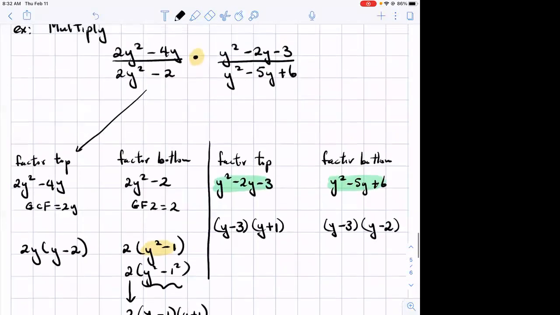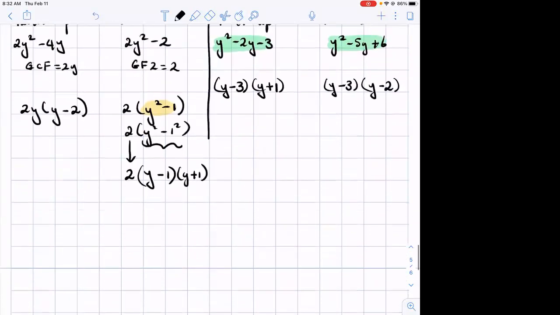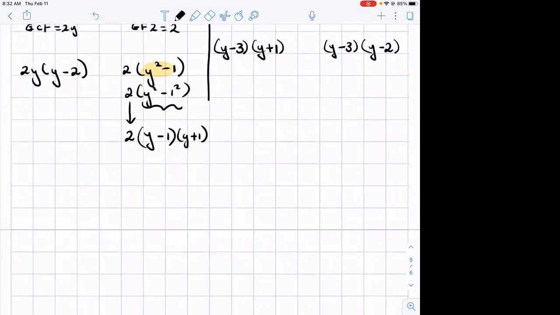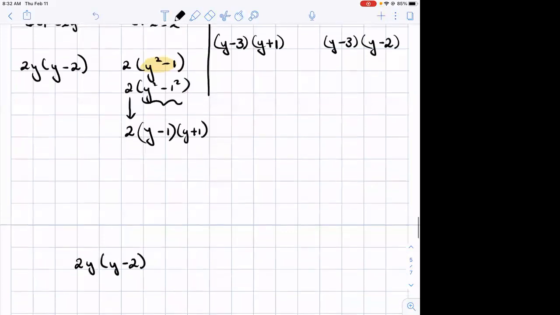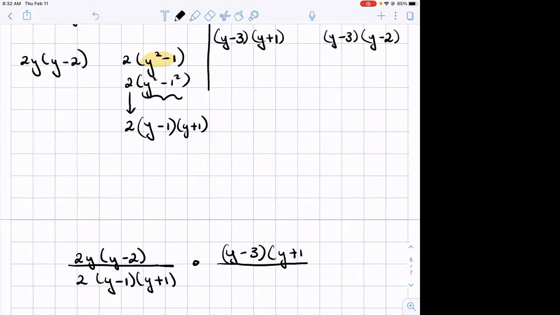So now we can rewrite this with the factors that we've got, okay? So the factors for the first numerator we know is 2y times y minus 2. For the bottom, we have 2 times y minus 1 and y plus 1, times, for the top, y minus 3 and y plus 1.